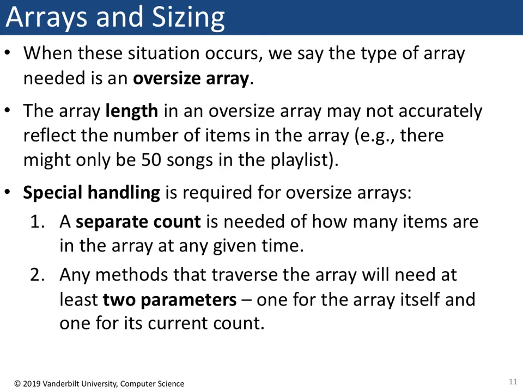That way, if we need to traverse the array for some reason, to say search for a song title, we don't search all 100 locations. We only search the number of locations which the user has populated. So in this case, we've put 50 songs in this playlist, so we would only traverse the first 50 songs when searching for a specific title. So when we make a method to be used with oversized arrays, these methods are going to require at least 2 parameters. The first would be the array itself, and the second would be this count.